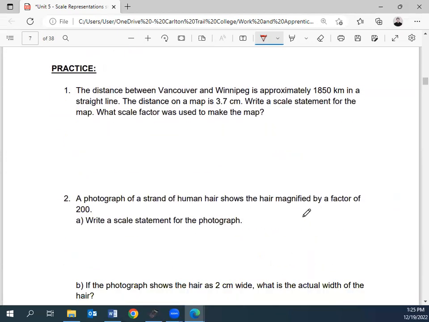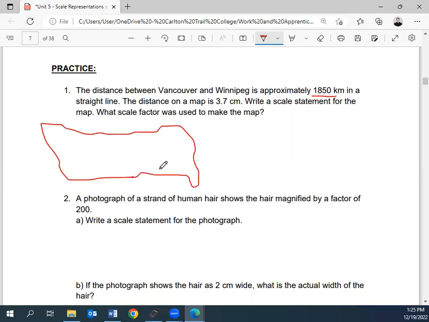So I want to go into this one here. Specifically, you've seen this one on a map or an atlas. I want to do this one together. Question 1 here. Reading this question, the distance between Vancouver and Winnipeg is 1850 kilometers in a straight line. Here's my crappy map of Canada, don't draw this. It almost looks like the States, if anything.